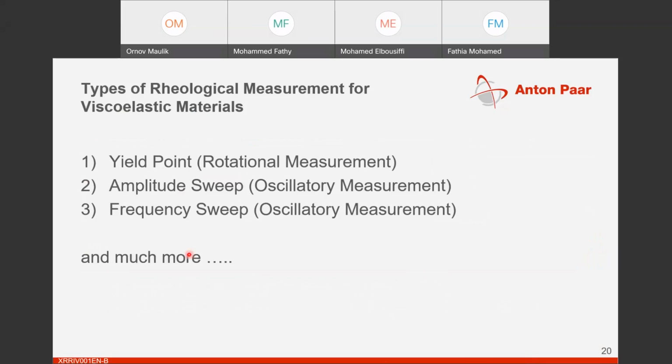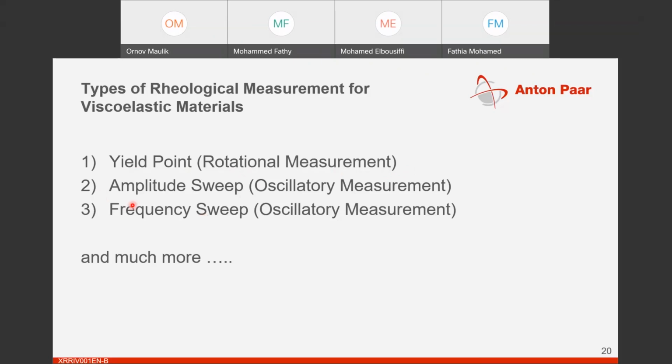The first one is a yield point measurement. This can be done in rotational and oscillatory measurement, but when we talk about yield point by rotational measurement, we have a completely different form of tests.